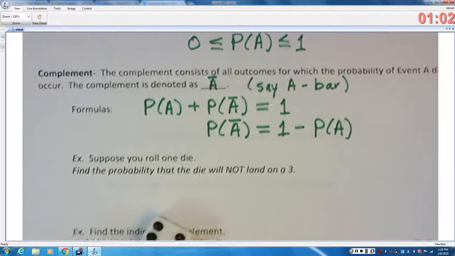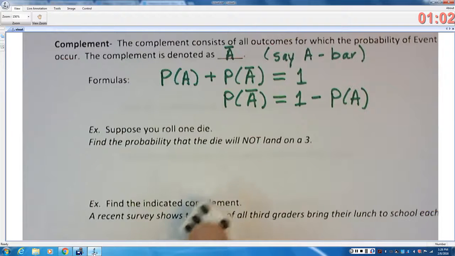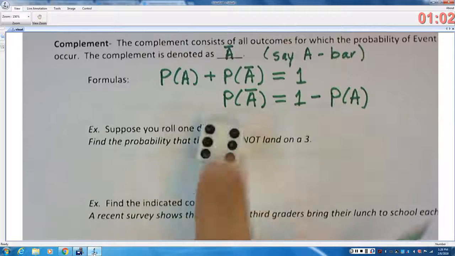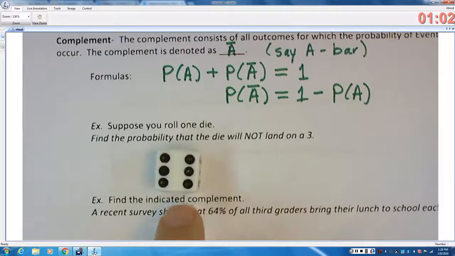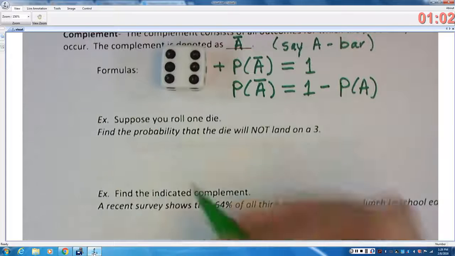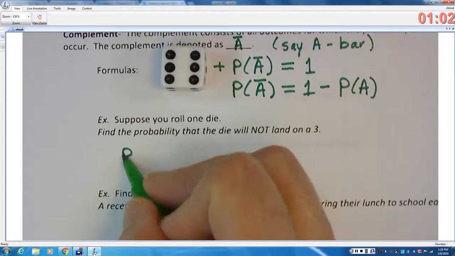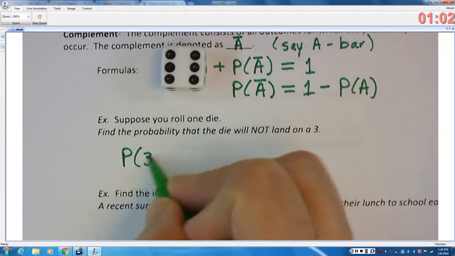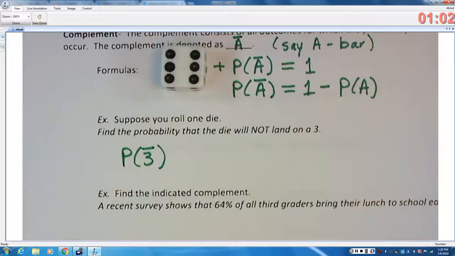So you're going to roll one die, and what's the probability that the die will not land on a 3? So I'm going to say probability of 3 bar, right? Not land on 3, I'm just going to call it 3 bar. Okay?